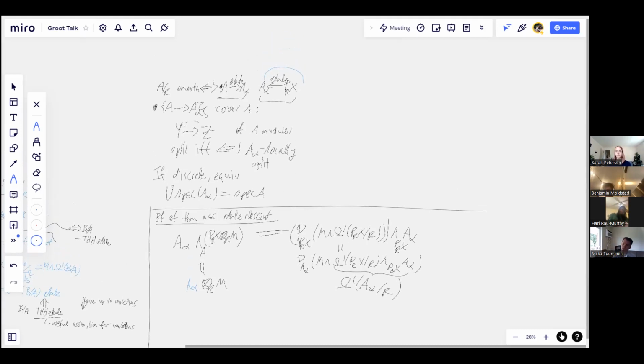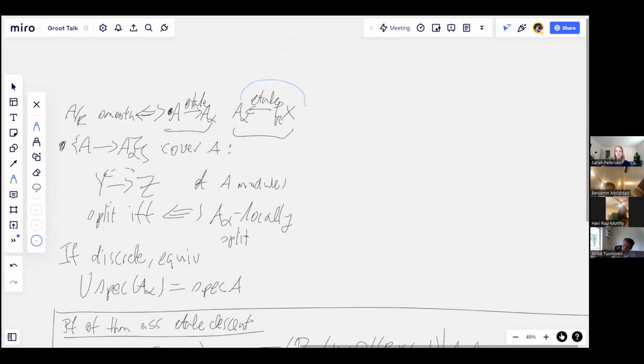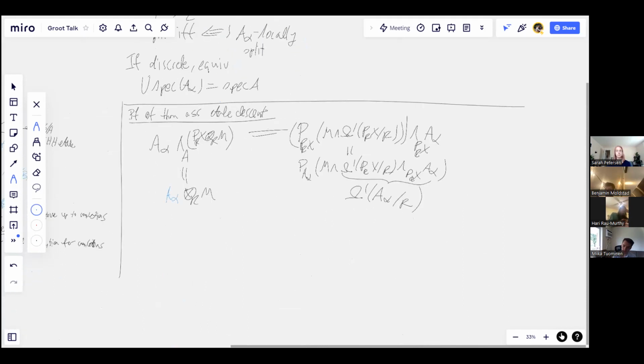Okay, so in other words, we have a theorem for A alpha. Now we're going to use étale descent on this map over here. So let's look at A tensor M and the right-hand side over the theorem, polynomial algebra on M smash differential one forms of A over R. If I smash this over A with A alpha with my localization, then étale descent is going to make this equal to that.